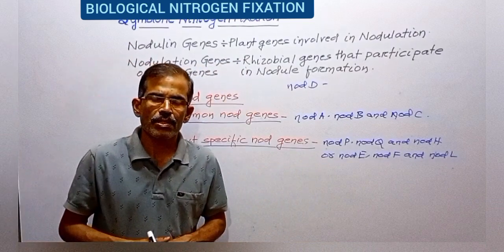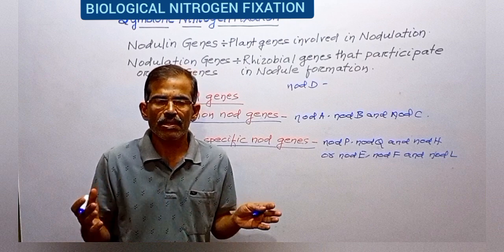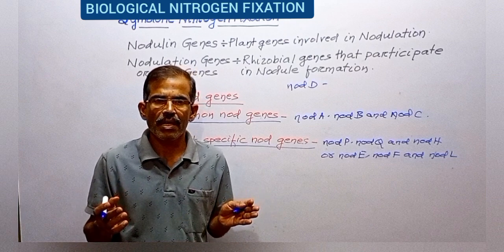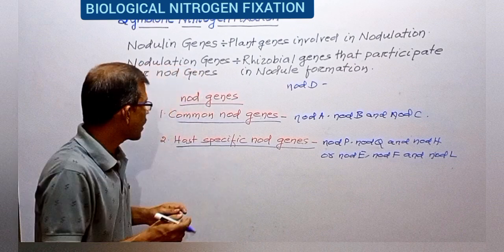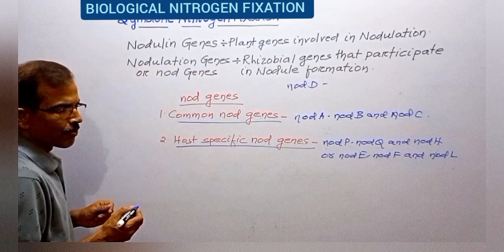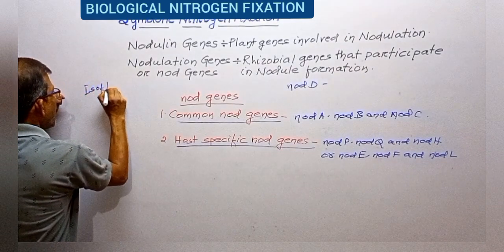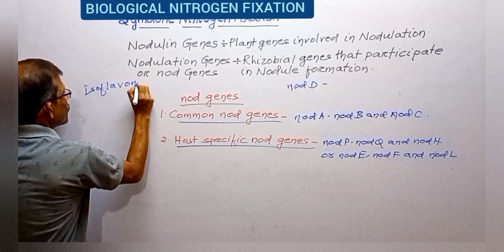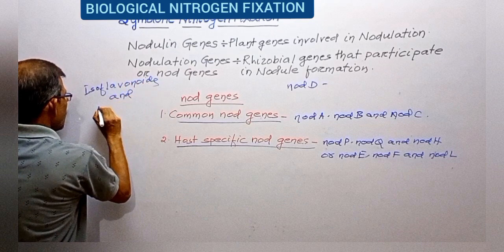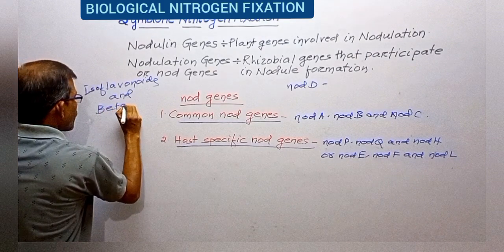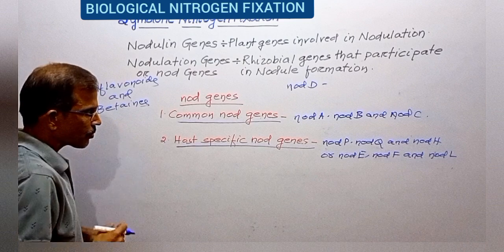The first stage in symbiosis between legumes and rhizobia is the migration of nitrogen-fixing bacteria towards plant roots. This migration is a chemotactic process involving chemical attractants such as isoflavonoids and betaines that are secreted by plant roots.